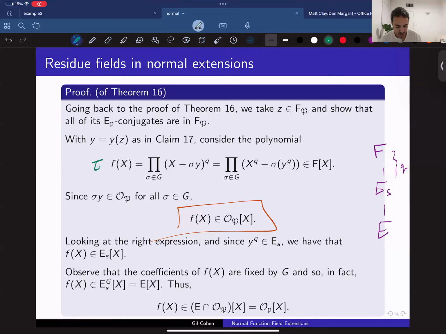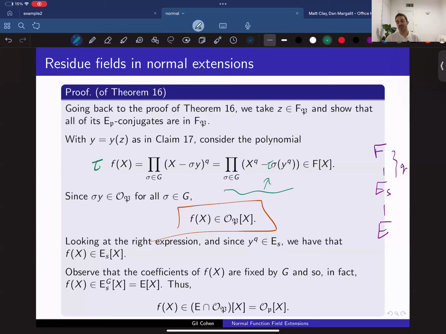So if you let tau, any tau in G, act on f of x, then you see that nothing changes, because when you apply tau here, the tau is applied to the product, and tau is multiplicative, so you can push it inside, and then, as I said, it doesn't affect the q, only this thing, so it's essentially that.